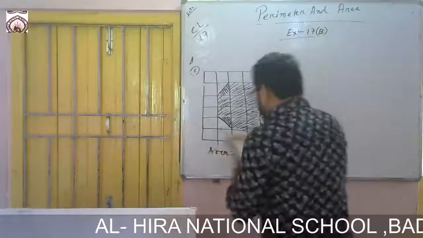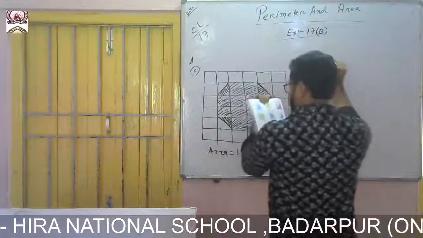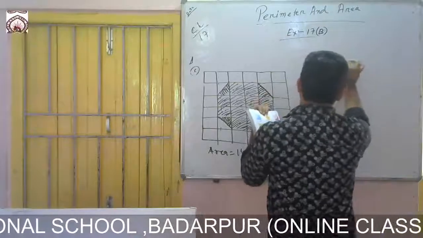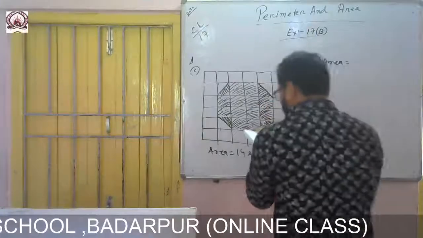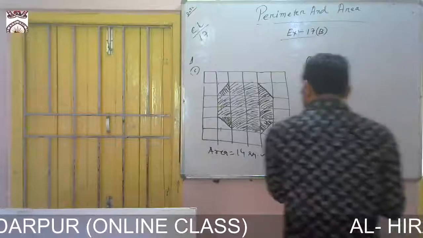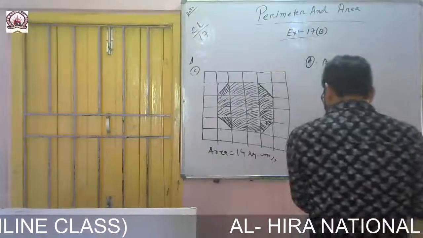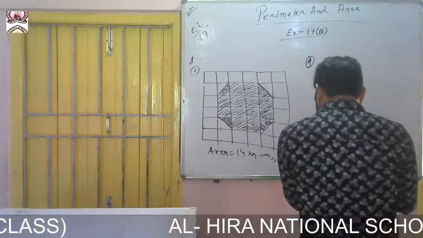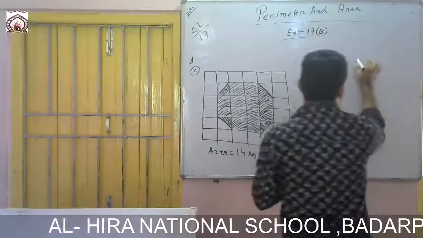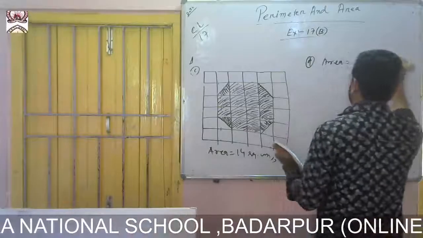For question number D, I have counted. Area will be what? If you count, then you'll get 1, 2, 3, 4, 5, 6, 7, 8, 9, 10, 11, 12. And another one, half of 10, half of 11, half of 12, then half. So 12.5 square centimeter.